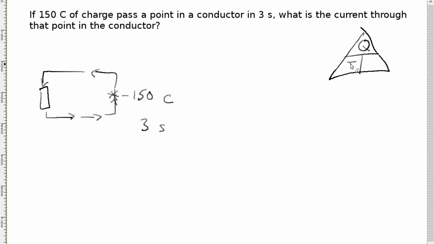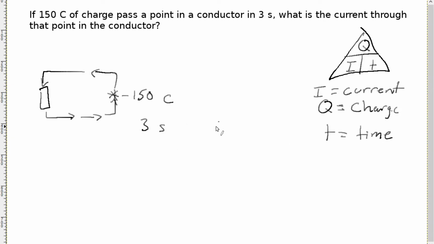So Q, I, and T. Remember, Q equals our charge. I equals our current. And T equals our time.